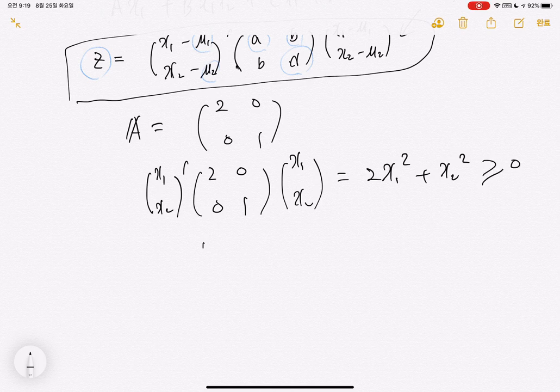Then that's always greater than or equal to 0, and is 0 if and only if x1, x2 is 0, 0. So this is another example of positive definite.